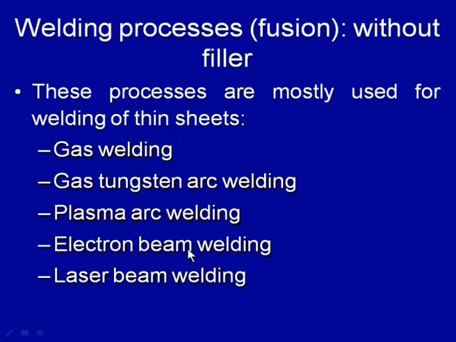The component is brought to the molten state through the beam of electrons hitting the faying surfaces and generating the heat. Similarly, in the laser beam welding process, heat required for melting the faying surfaces of the thin sheets without use of filler material is obtained by applying the beam of laser, and this can be performed even under atmospheric conditions.